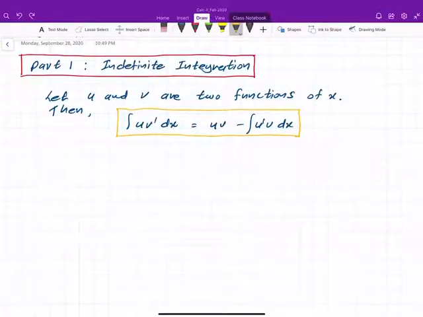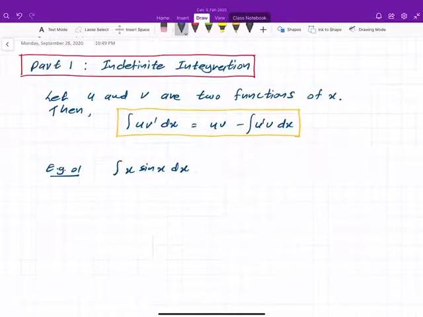All right, let's consider this example. You're going to integrate x sine x. This is the given function that you're going to integrate. Just check whether you know any other formula to integrate this.